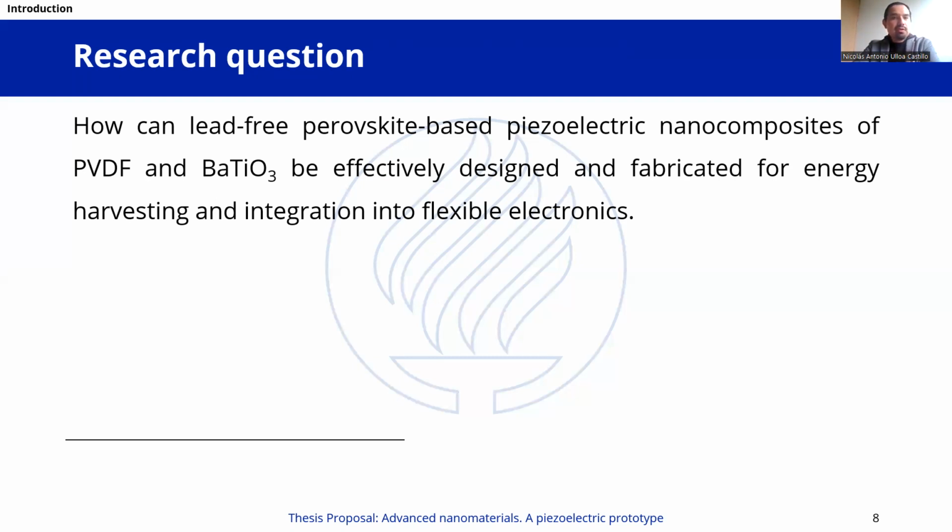And another one could be, what are the advantages and disadvantages of using sol gel methodology in the fabrication of perovskite piezoelectrics? I believe that by answering this question, we can improve this section.